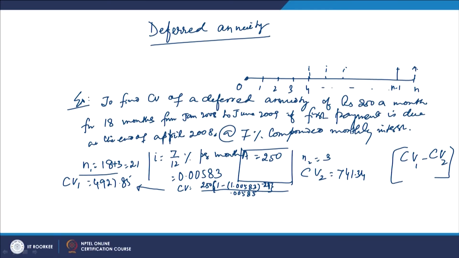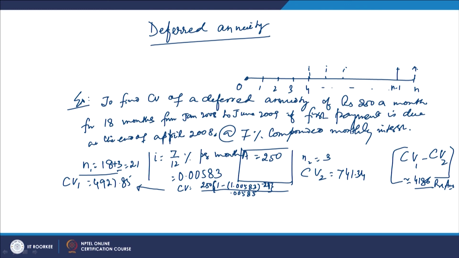Then it comes to 4927.85, and when you put 3, it comes to 741. Since he is deferring by 3 months, he will be going for the later 3 months. Ultimately he has to deposit for 18 periods, and for 3 periods he is not depositing. So, if you subtract them, it will be close to 4186 rupees. So, ultimately this is your answer.